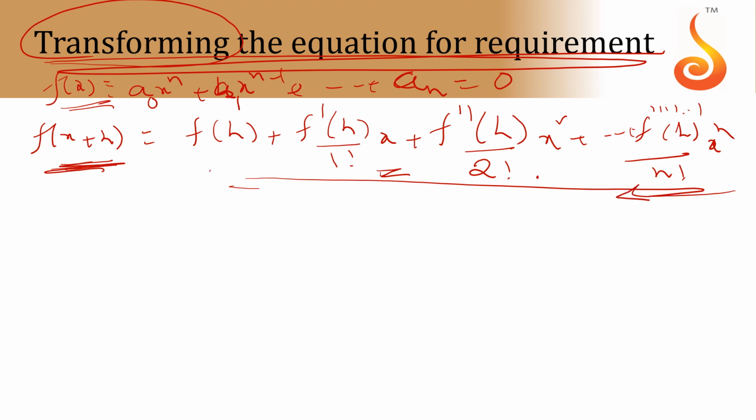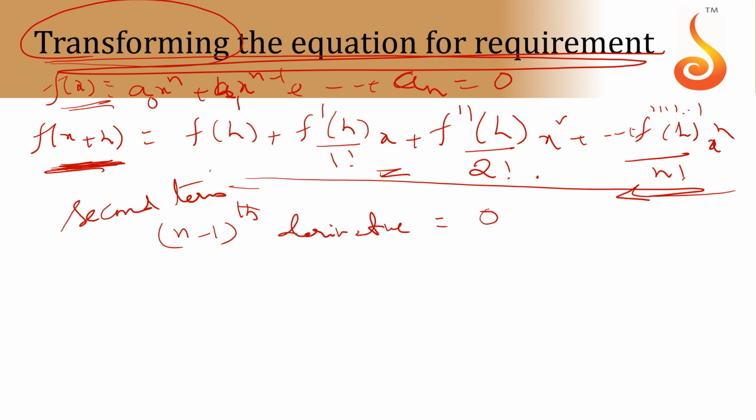In the transformed equation, I don't want the second term. So the second term I don't want means I don't want the x power n minus 1 term. So what should I do? What will be the coefficient of x power n minus 1 in f of x plus h? It will be the n minus 1th derivative, which should be equated to 0.